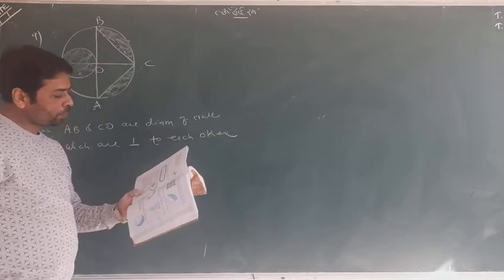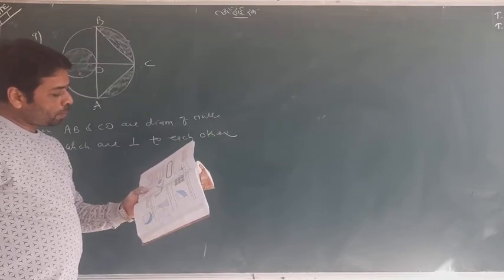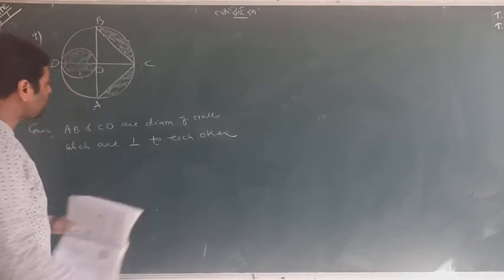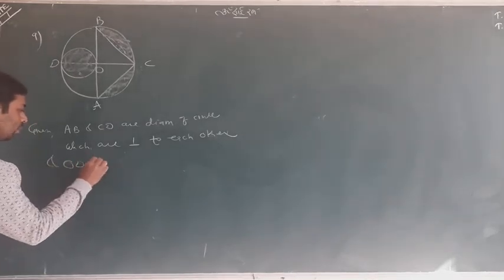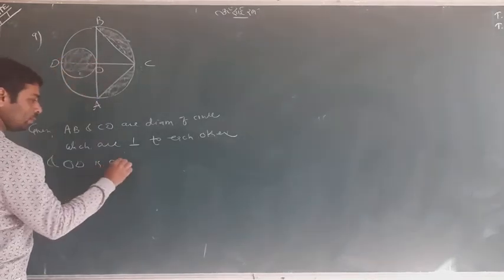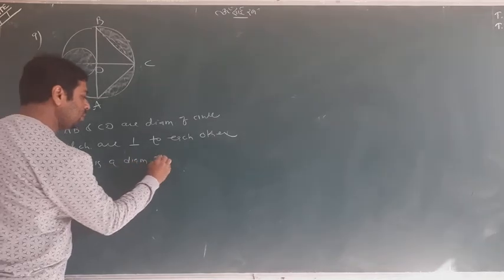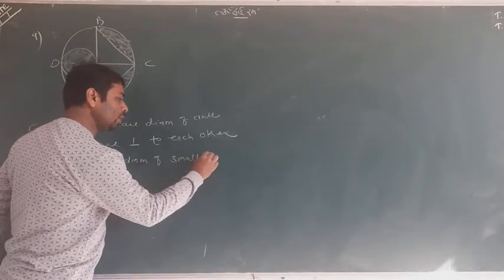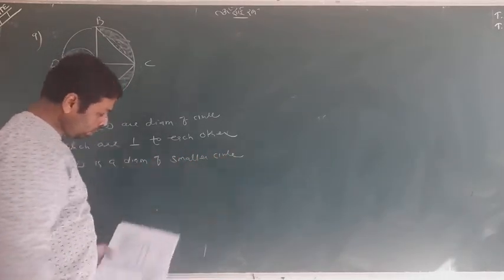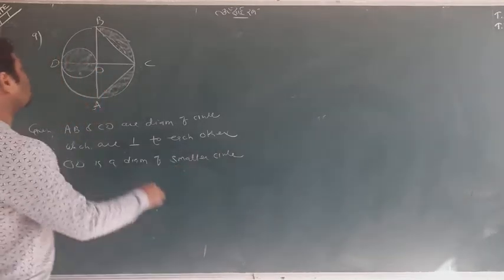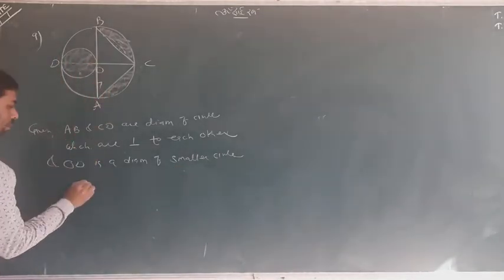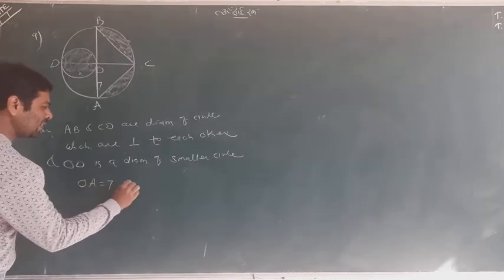Now next, OD is a diameter of a smaller circle, and OA is equal to 7 centimeter.